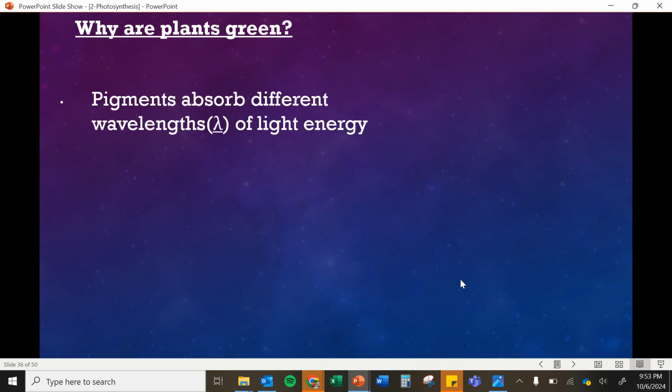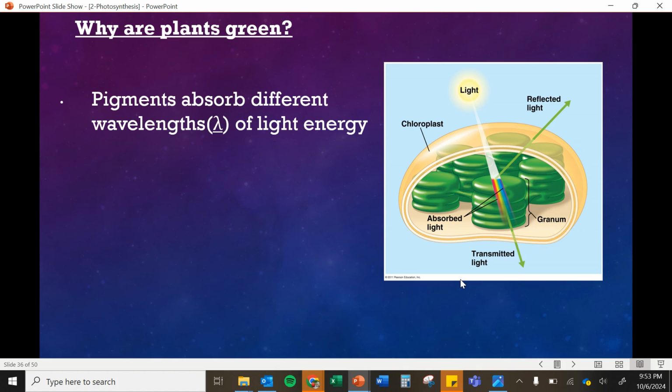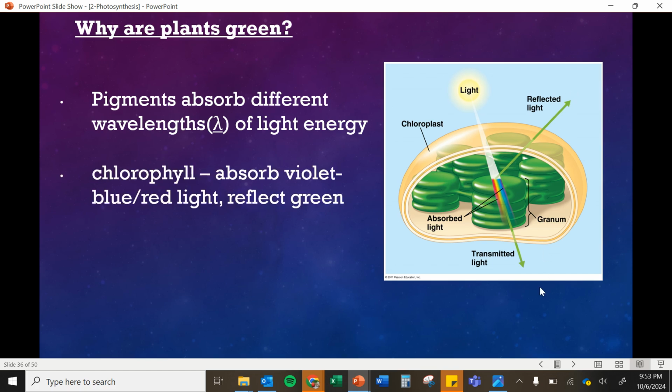So why are plants green? It is because of those chlorophyll pigments that absorb different wavelengths of light energy. They are absorbing light at all the different wavelengths, but they're reflecting green. There are actually different types of chlorophyll.